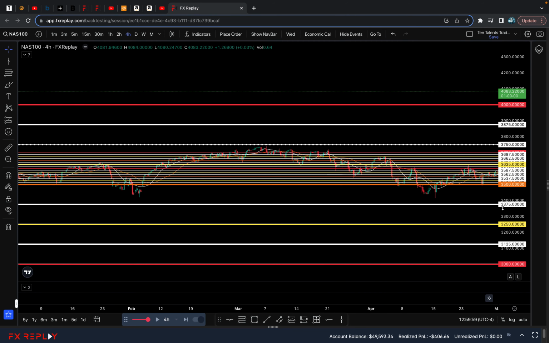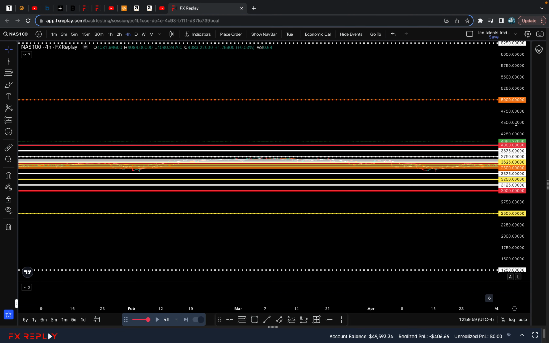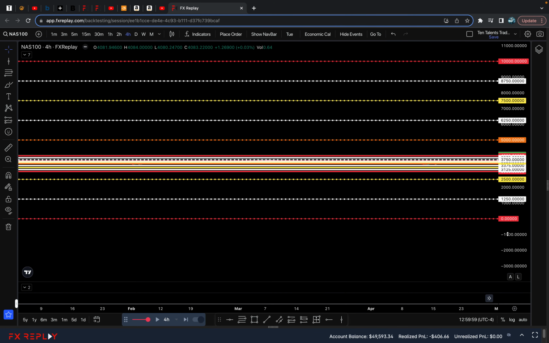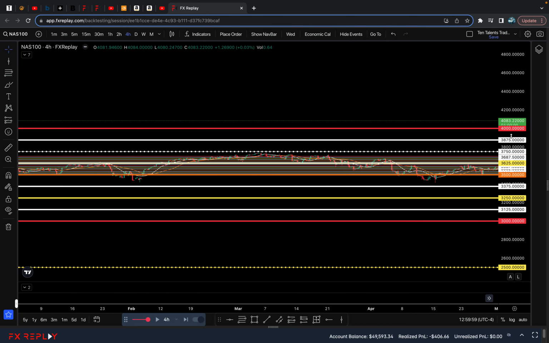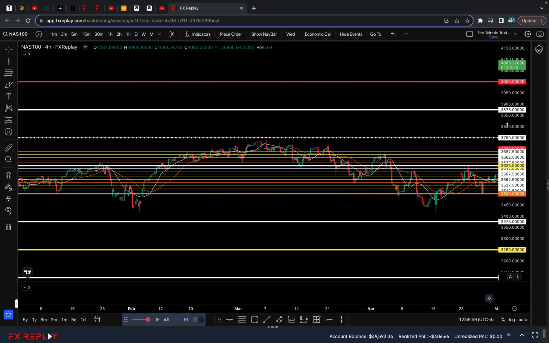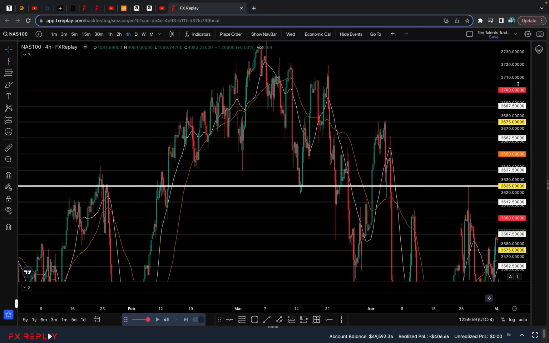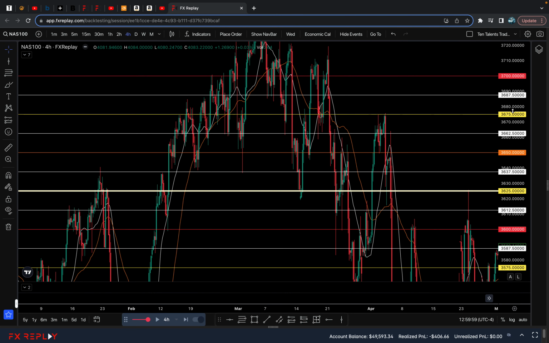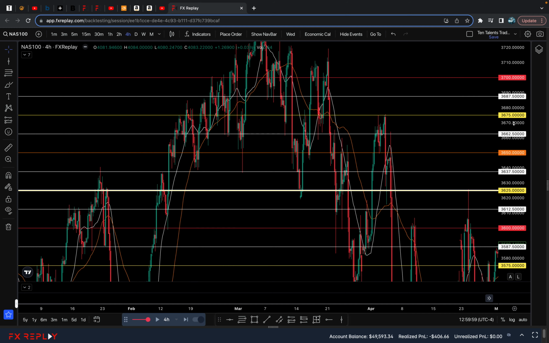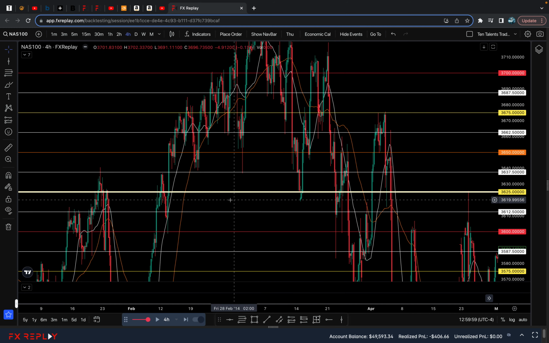Whereas this one was 3,000 to 4,000, right? And then the big one was 0 to 10,000. So you have 0 to 10,000, and then 3,000 to 4,000, and then going on down, you have 600 to 700, right? And it's broken down the exact same way.